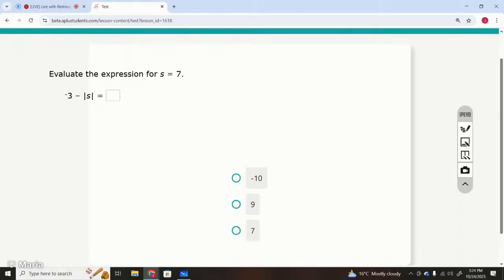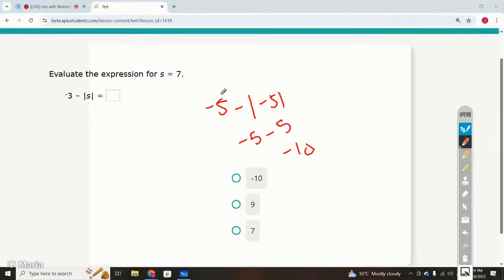Evaluate the expression for s equals 7. Negative 3 minus absolute value of 7. Absolute value of 7 is 7.